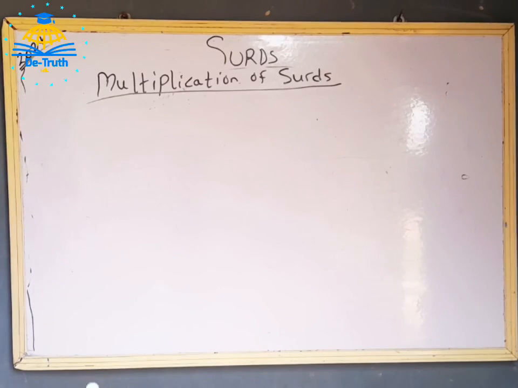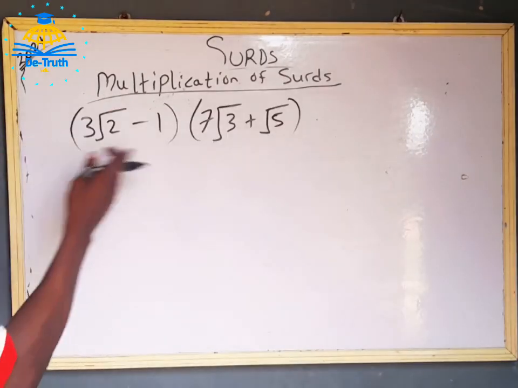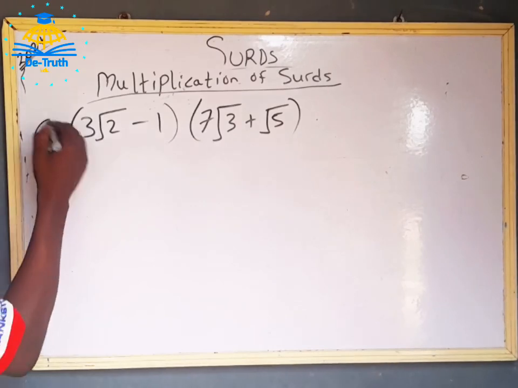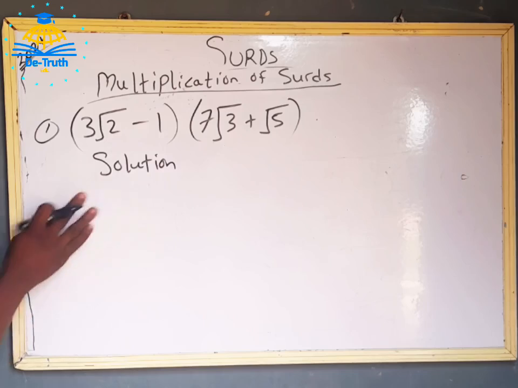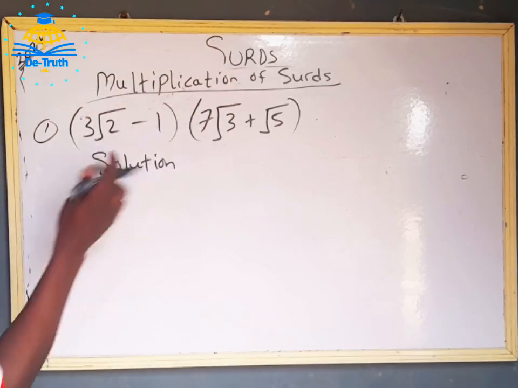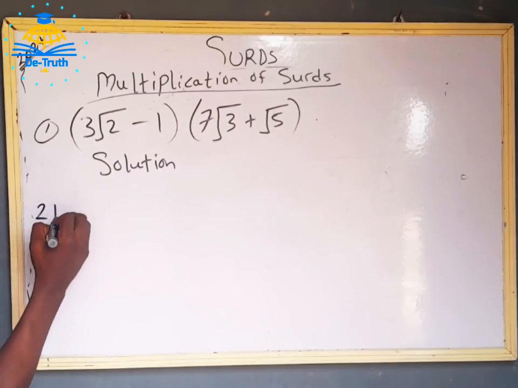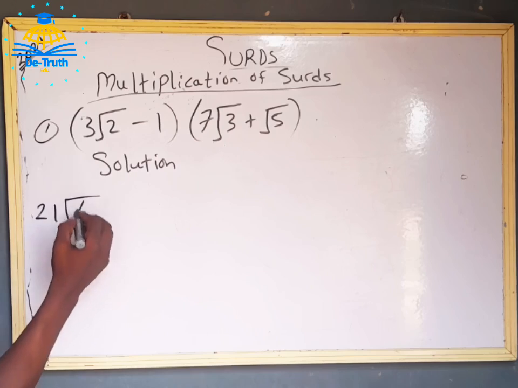Still on multiplication of surd. So let's say you want to multiply these two surds in brackets. Now you simply open the brackets. Now 3 root 2 times 7 root 3. That is 3 times 7, this gives us 21. Then root 2 times root 3, that is root 6.